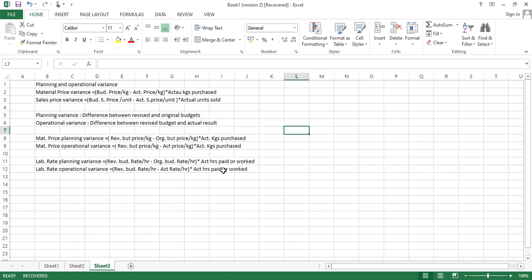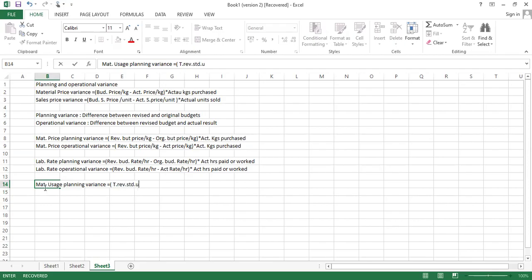Next one is material usage planning variance, which is equal to total revised standard usage minus total original standard usage, into original standard price per kg.